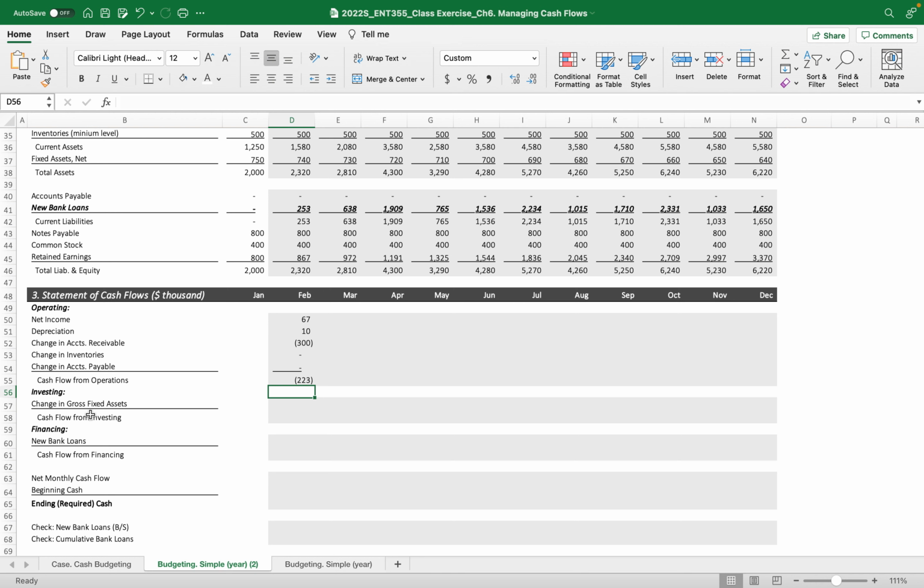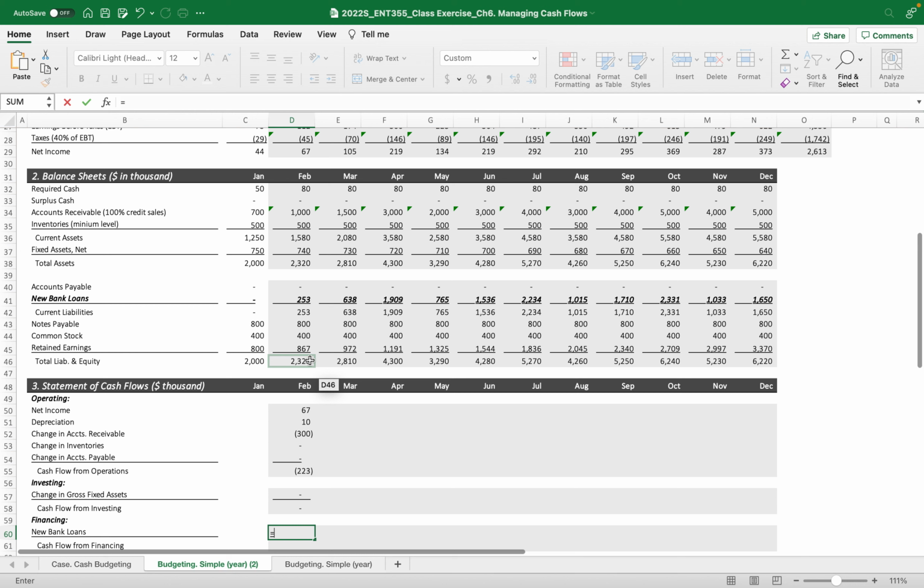And then here, the change in gross fixed assets. The company never purchased any fixed assets, so the cash flow from investing is still 0. New bank loans, we calculate. As I mentioned earlier, the essential starting point in this short-term planning model is the balance sheet.